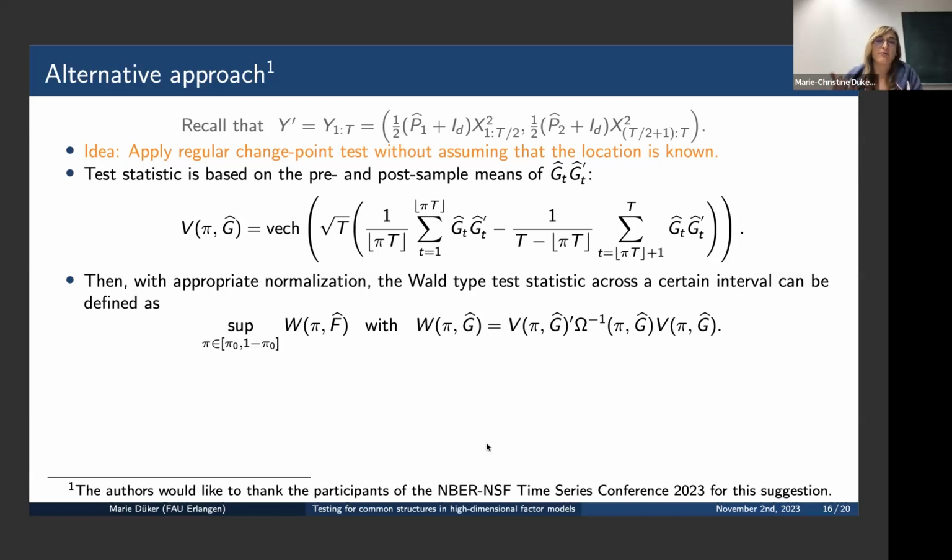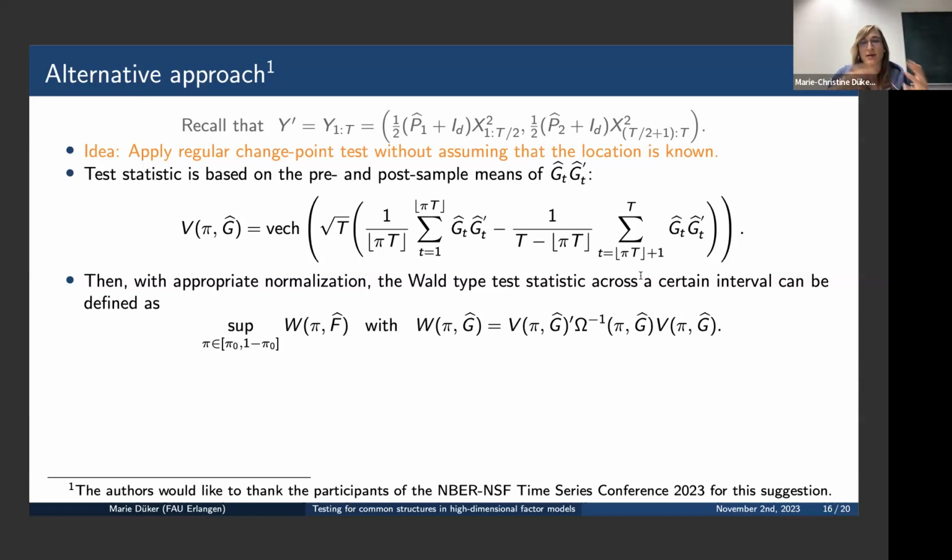And this way we know where the change occurs. However, in order to improve the power of our test, an idea would be to still use a change point test, which doesn't just test at this time point t/2, but instead across a certain interval. So we would still take the supremum over our test statistic after calculating it for different points in time.